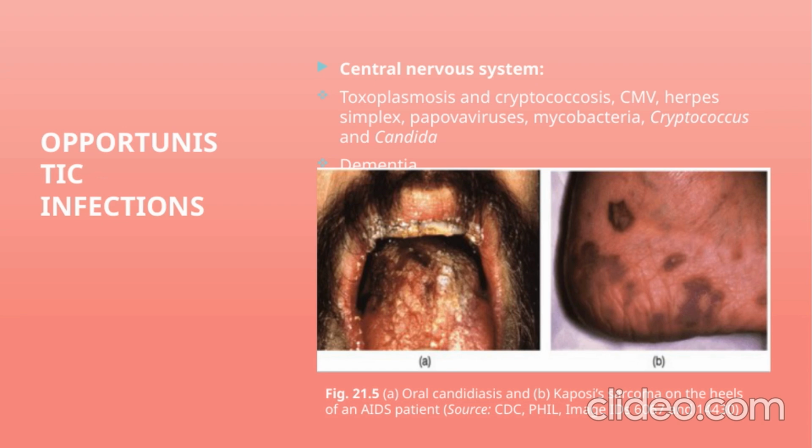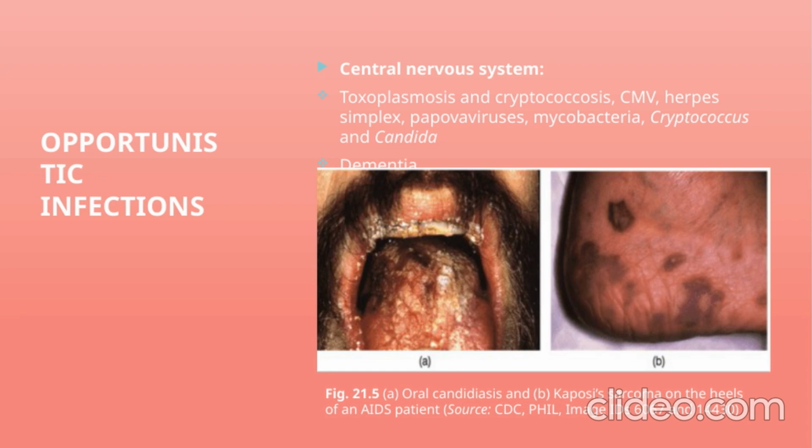We also see bacterial infections like mycobacteria, as well as fungi such as Cryptococcus and Candida. These infections often lead to neurological symptoms, and in many cases, they can result in dementia if left untreated. This highlights the importance of early detection and treatment of opportunistic infections to prevent severe neurological damage.